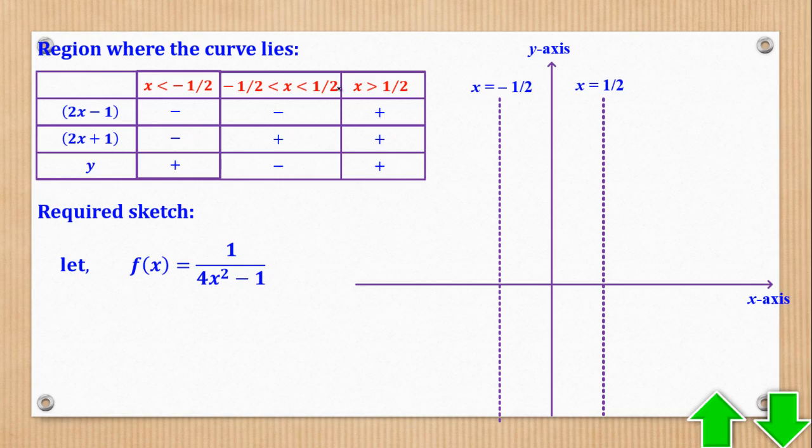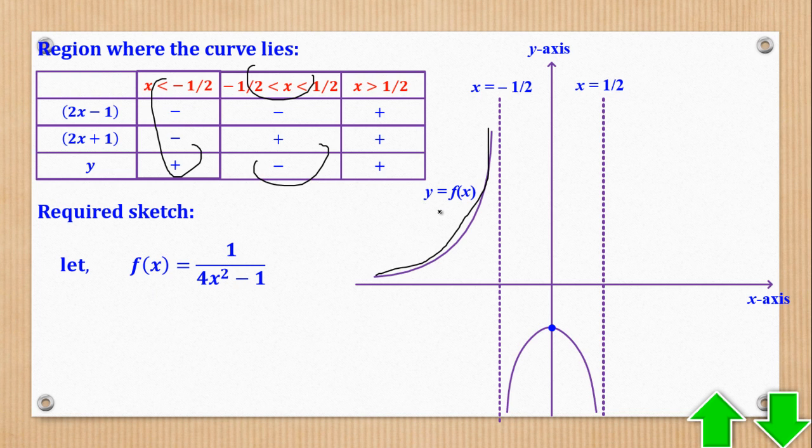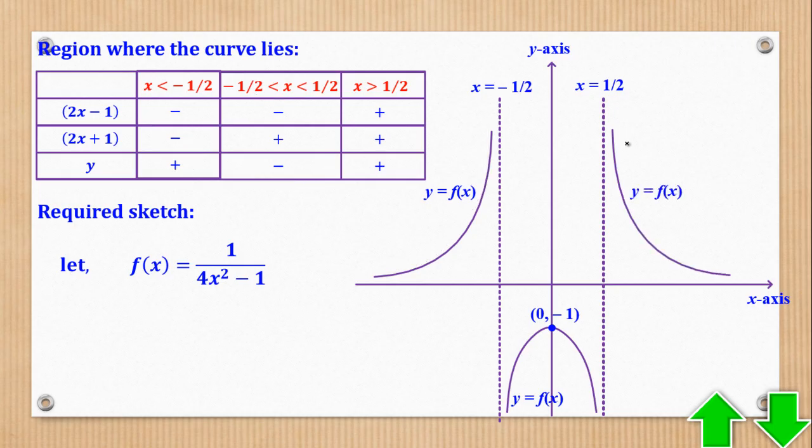Note that the asymptotes are dotted. Then in this region it was positive, so it is above. In this region it is negative, so it is below. And it has a turning point. In this region it is positive, so it is above. And that is what they wanted.